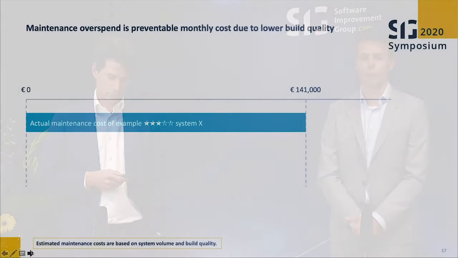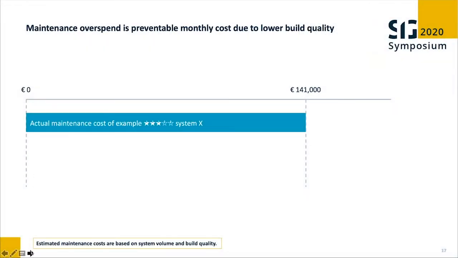Those two factors have a big impact on the overall spend that you have for maintaining this code, so keeping it up and running. In this example, we have a System X. It's a hypothetical example of a 3-star, so average quality system that spends about 141,000 euros per month on maintenance. So it's quite a big system.